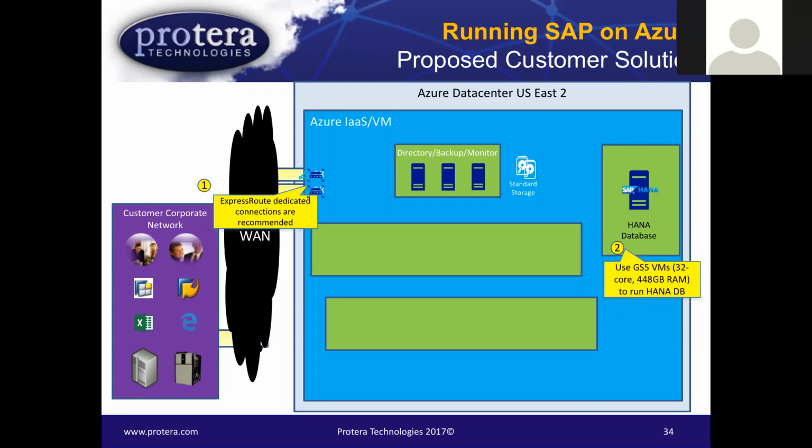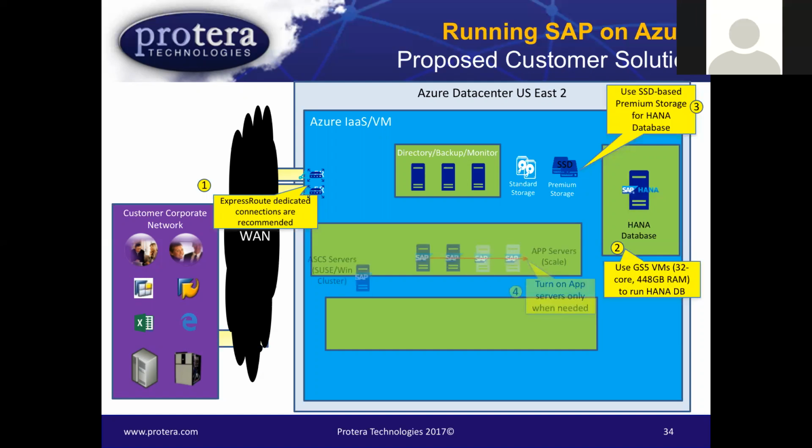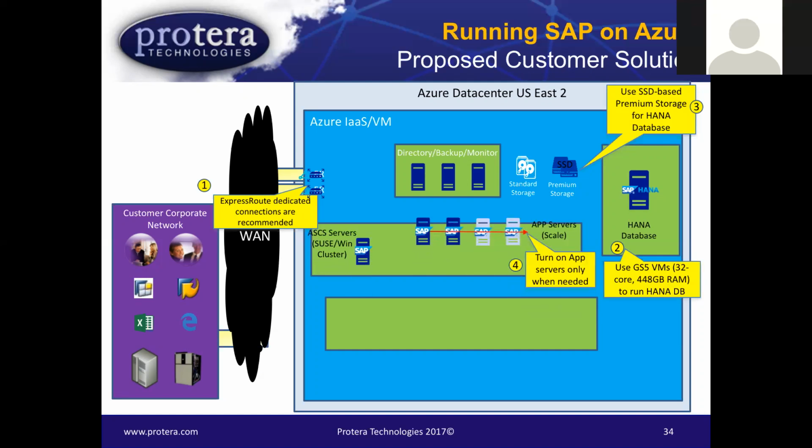And then we're going to look at the sizing report. We'll size exactly those systems you're going to need, how big they're going to be, how they should be architected, how they're going to talk to each other. And you're going to see the exact sizing and numbers, and you'll have the exact pricing for that. So that's going to be part of the report. Again, recommendations, best practices. For those HANA systems, we need that SSD storage. That's going to be part of the recommendations. And then there's also going to be the capability for app servers, taking advantage of the agility of the cloud, scaling up, scaling down.